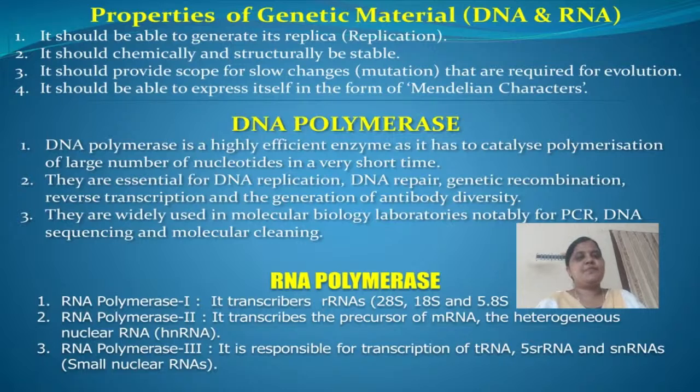The first property is that it should be able to generate its replica. Once again I will repeat the point: it should be able to generate its replica.